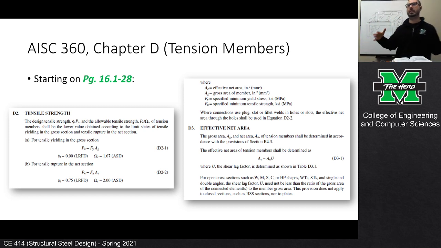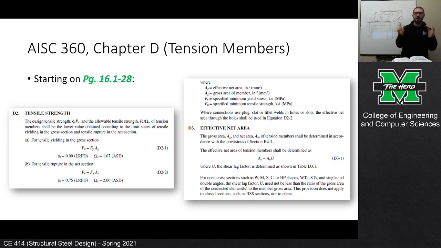We do not want the gross section of the member to permanently elongate, because if I have a structure like here on the board, like imagine I've got this framing plan and suddenly this brace is longer than it is supposed to be, like it's permanently elongated, well, that's going to cause unintended stresses on the other members. So we don't want the gross section to exceed the yield stress.